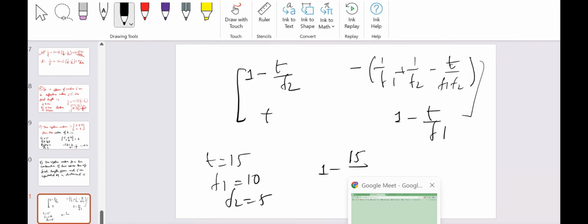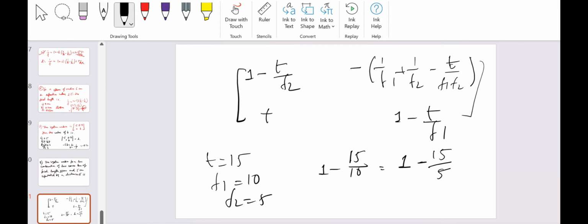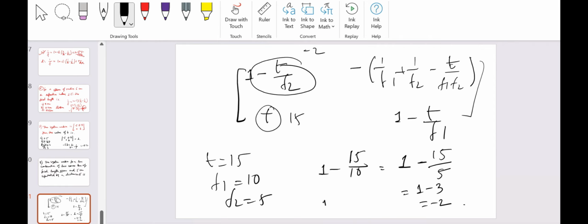So 1 minus t by f2, that is 1 minus 15 by 5, 1 minus 3, so that will be minus 2. This is 15. And 1 minus t by f1, which is 1 minus 15 by 10, this is 1 minus 1.5, that will be minus 0.5.